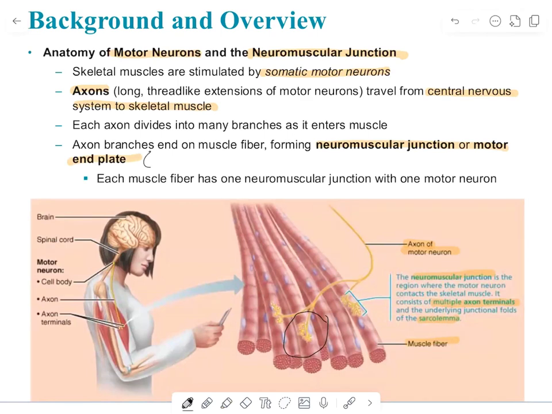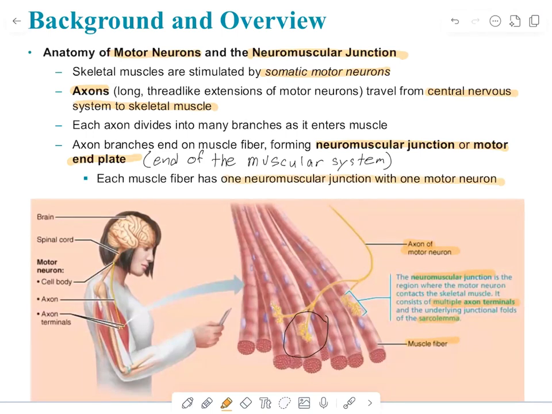We call it the motor end plate simply because it's the end of the motor neuron. There is a space there. Each muscle fiber has one neuromuscular junction with one motor neuron.